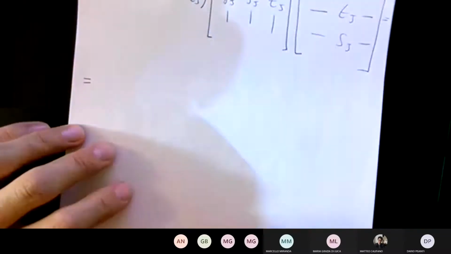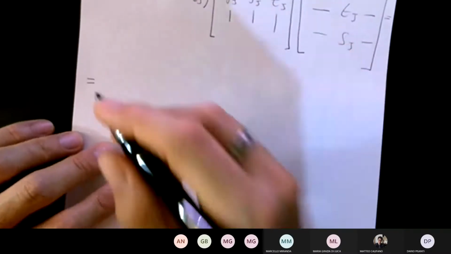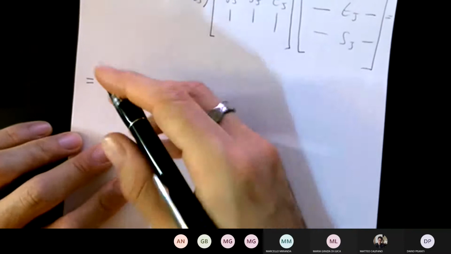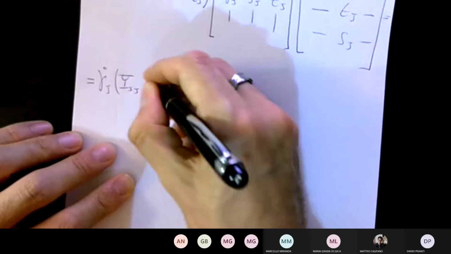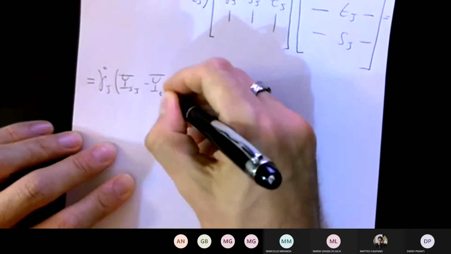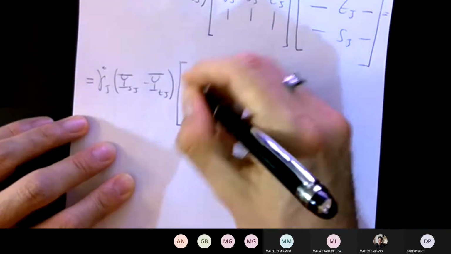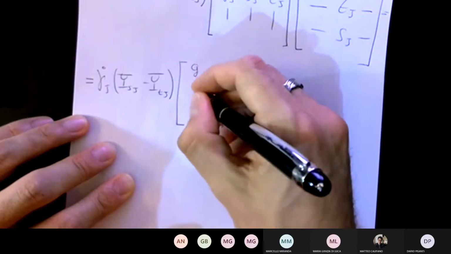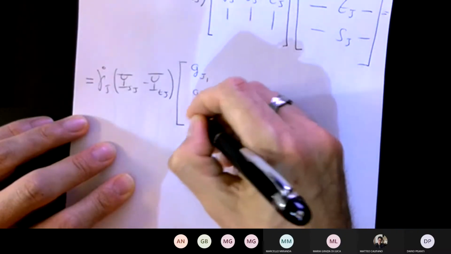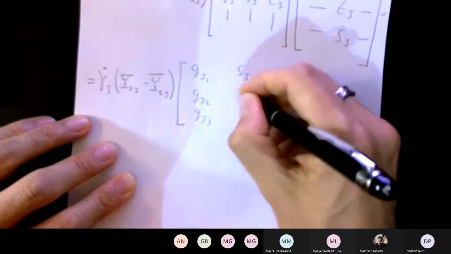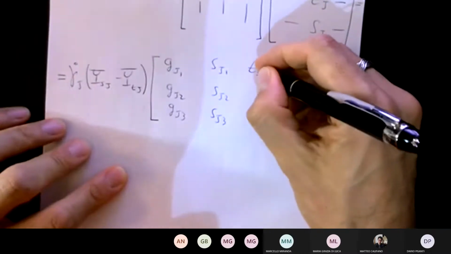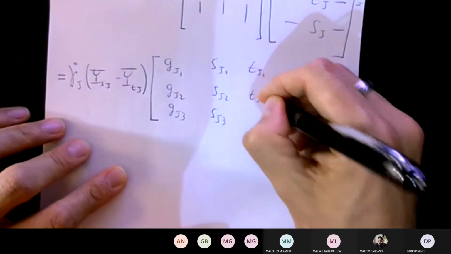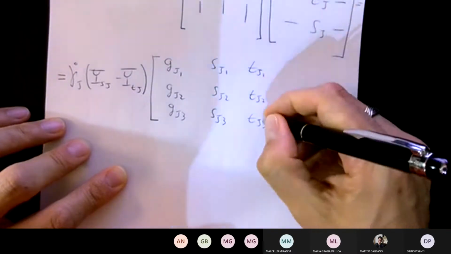This is equal. I am going to actually spell out the terms here. I have gamma j dot, Is minus It. So what do I have here? I have Gj1, 2, and 3, and then same for the other ones. Remember, these are the projections of those axes of the momentum exchange device in the body of the spacecraft.